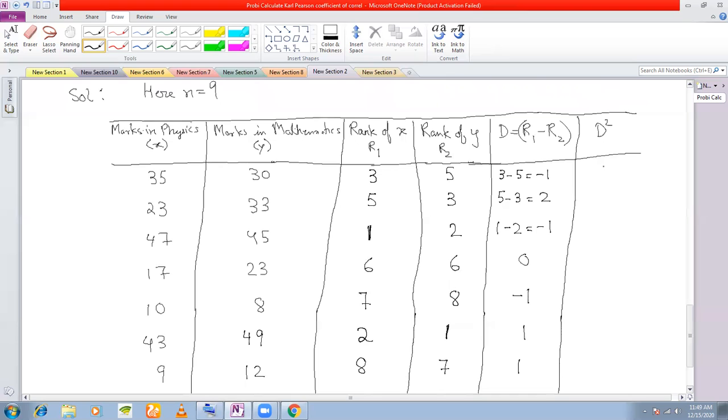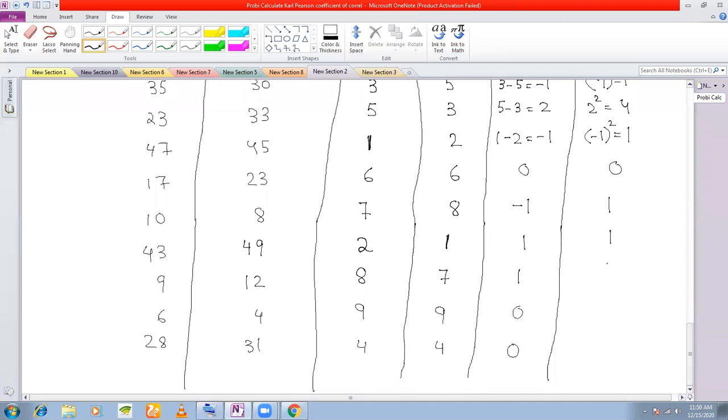Now you write the squares. D square: minus 1 square is 1. 2 square is 4. Again, minus 1 square is 1. This is 0. Similarly, minus 1 square is again 1. 1, 1, 0, 0. Okay.